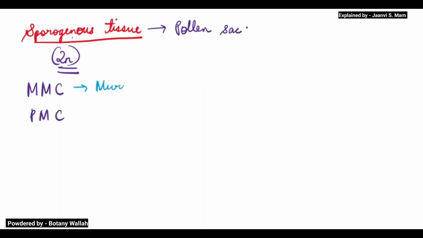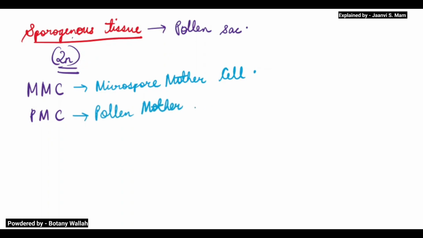Microspore mother cell, or PMC means pollen mother cell. So these are the cells from which pollen grains are formed, so we call it a mother cell. This is a diploid cell.